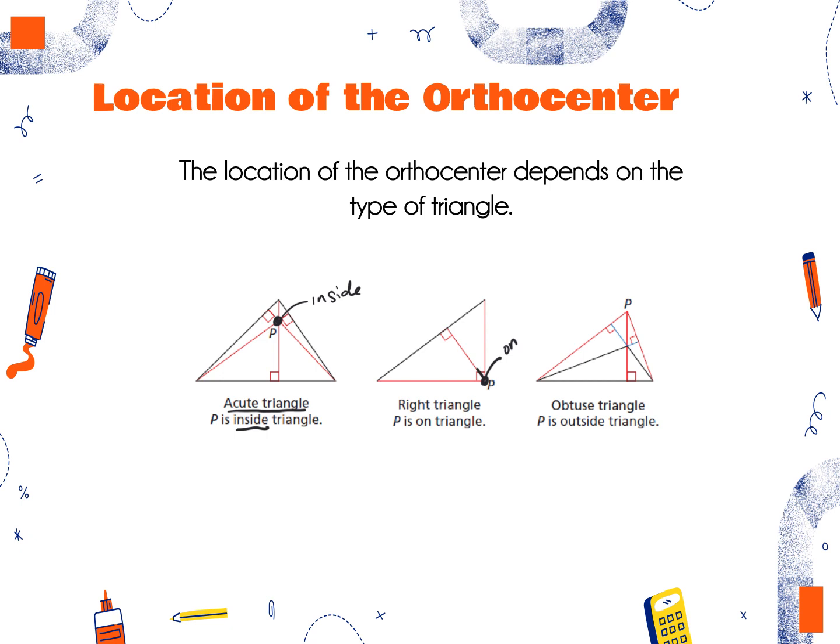Notice that from each vertex, the altitudes all meet up at point P. And in an obtuse triangle, notice the obtuse triangle is the black one, when I draw those perpendicular lines, I see that my orthocenter is outside. So orthocenter and circumcenter have this in common.